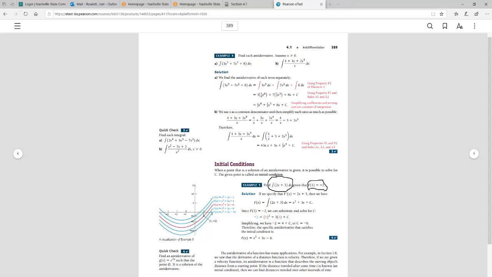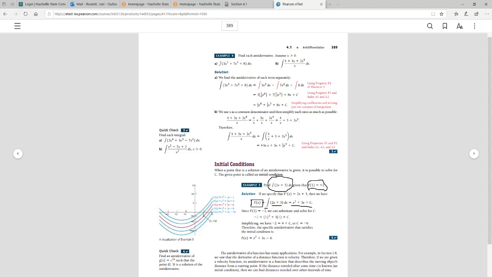So what do we have here? We know that capital F of x, by our first definition, is the antiderivative of the function f of x. And if you take the antiderivative, capital F of x is 2x squared over 2, which reduces to x squared. And then the integral of 3 would be 3x plus a constant.